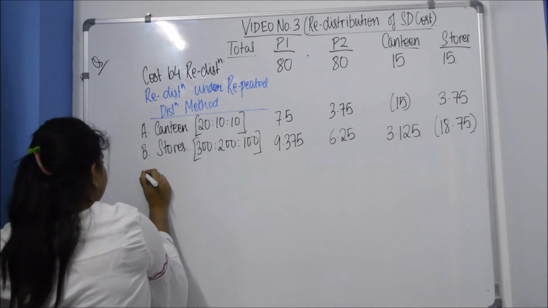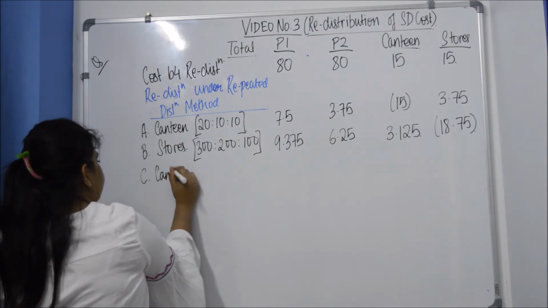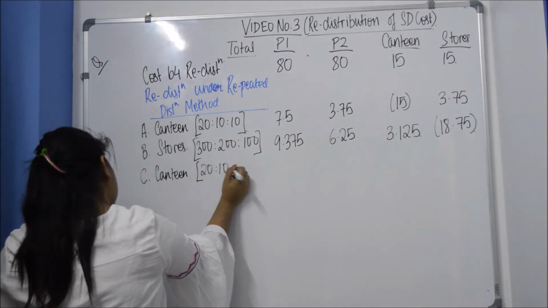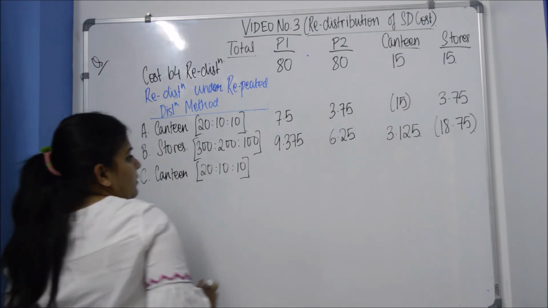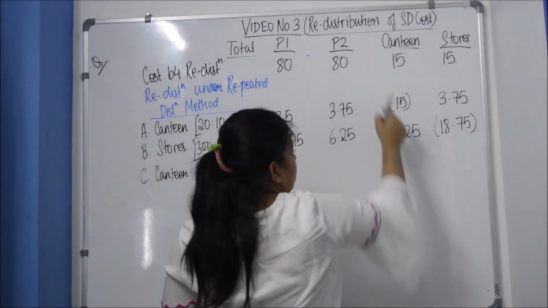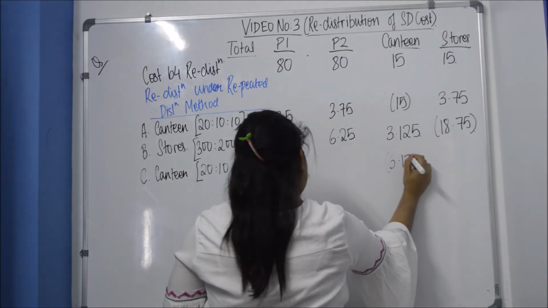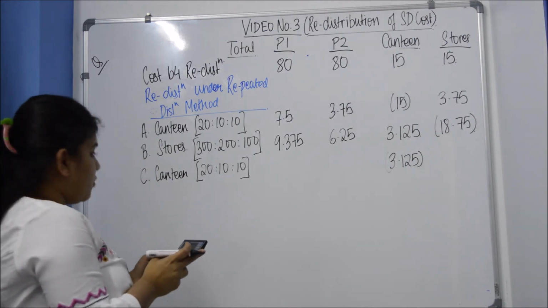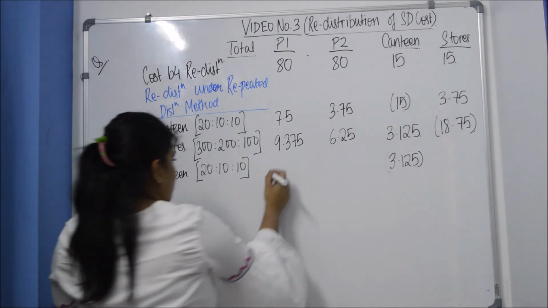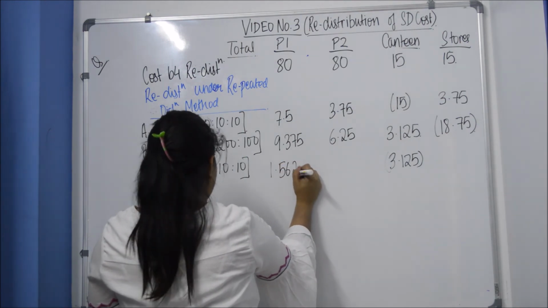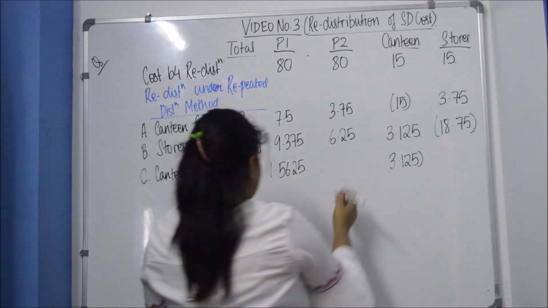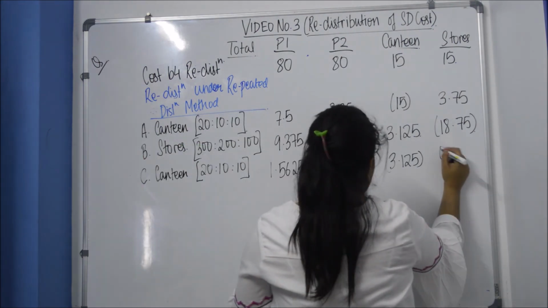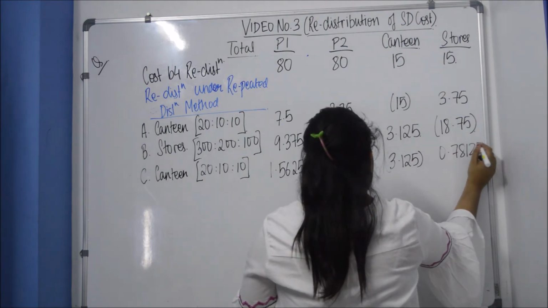Again canteen has some balance. Again go to canteen. Again distribute its cost in the ratio of 20:10:10. This is already gone, so the balance left is 3.125. 3.125 in this ratio would be 1.5625, 0.78125 and 0.78125.